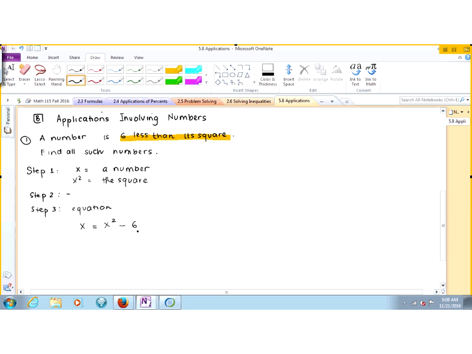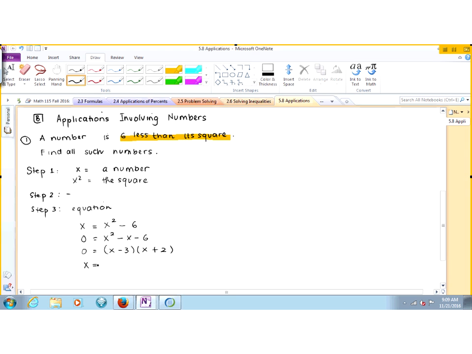Can we solve it? Yes. How? Standard form. So x squared minus x minus 6 is equal to 0. So is it factorable? X minus 3, x plus 2.